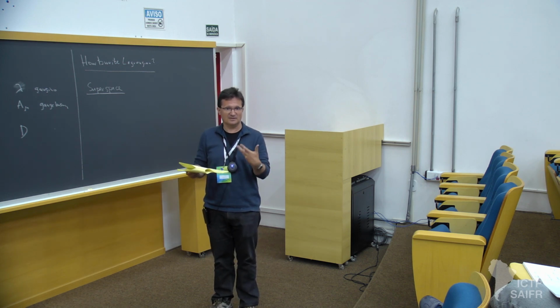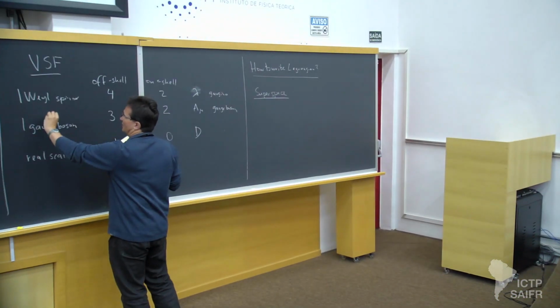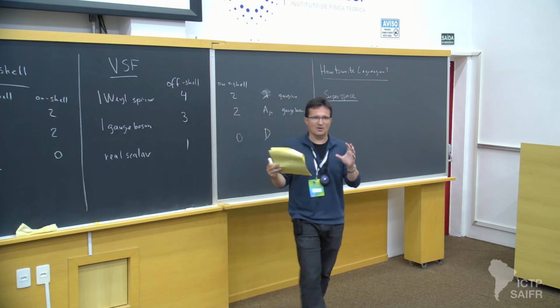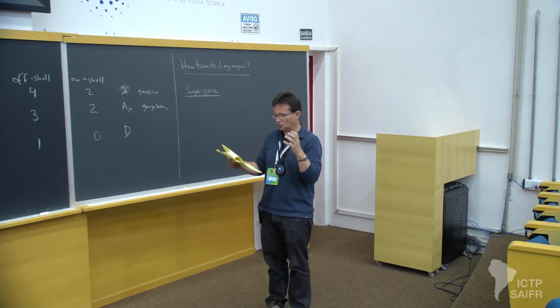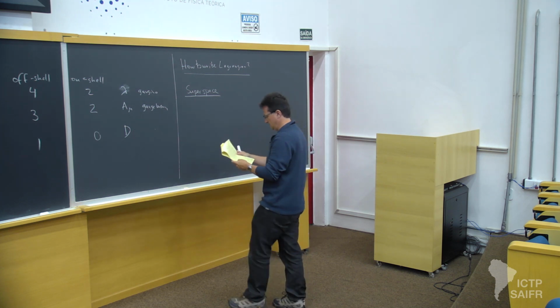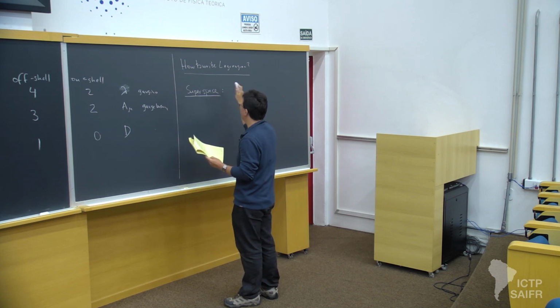If you formulate the theory like that, then you can group them together into one simple, slightly more complicated object, which is truly going to be a superfield, living in superspace. So how do we understand what superspace is?